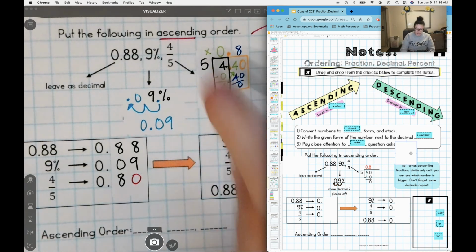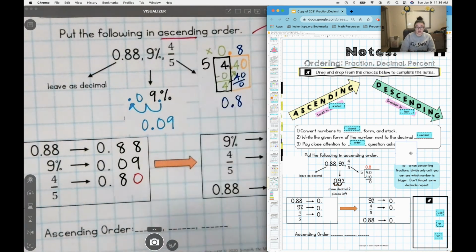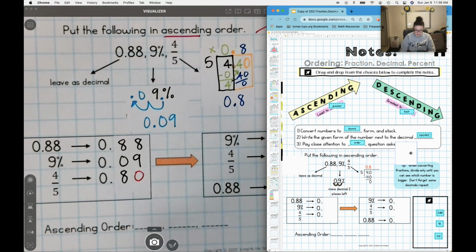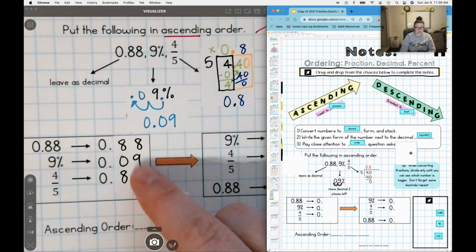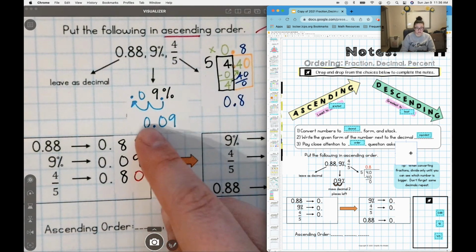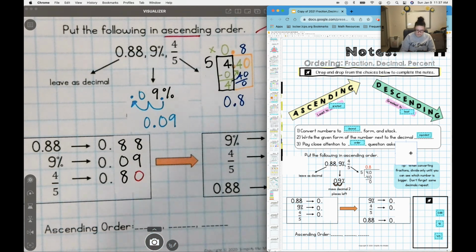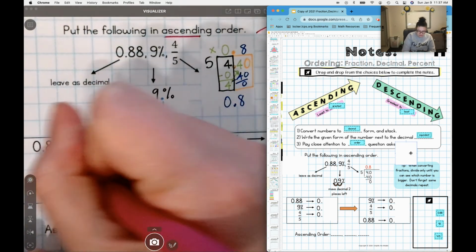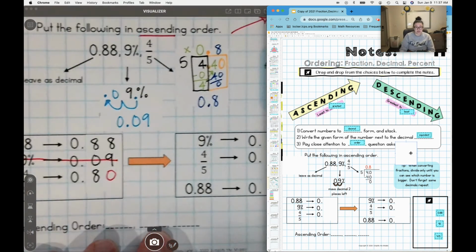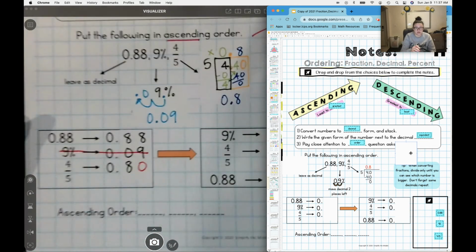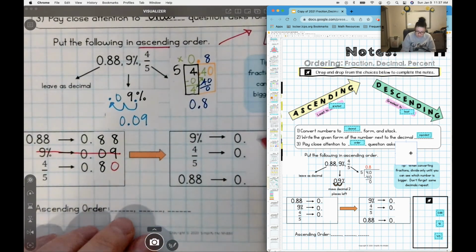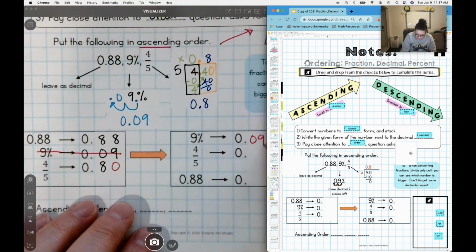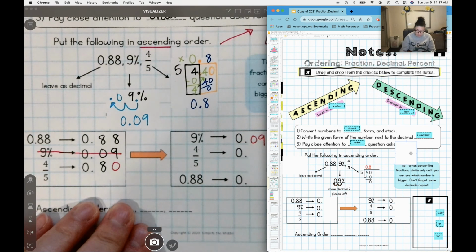So we're going in ascending order. We're going from least to greatest. Out of those numbers, which one is the smallest? 0.09 is the smallest. So when I'm putting them in order over here, I'm going to write 0.09 for my smallest.